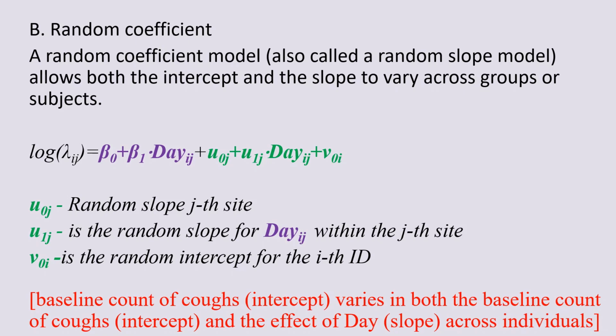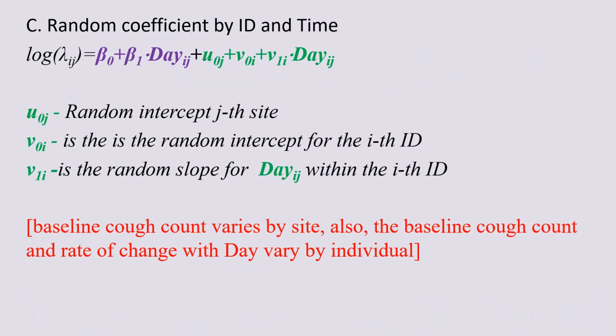So where we have the random slope of the jth site, the other random effect is the random slope for day within study site, and the other one is the random intercept for the ID. In red, I put for you that the baseline count of coughs, the intercept, varies in both the baseline count of coughs and the effect of day across individuals. We shall see where the difference is on the second one.